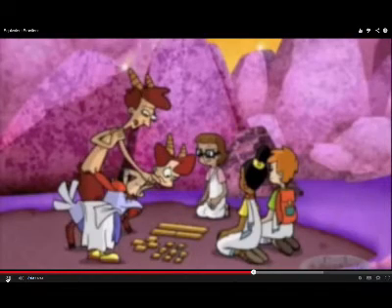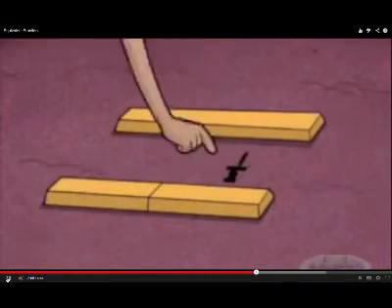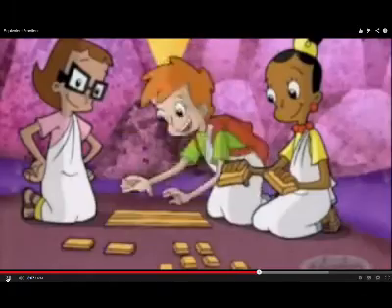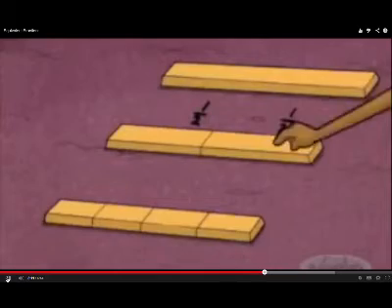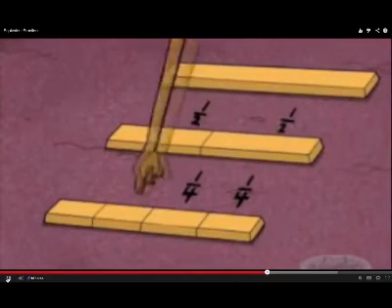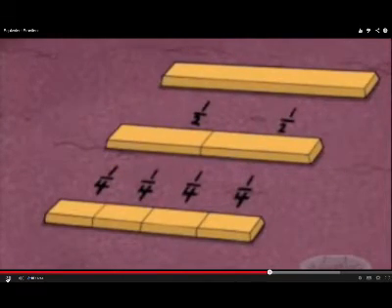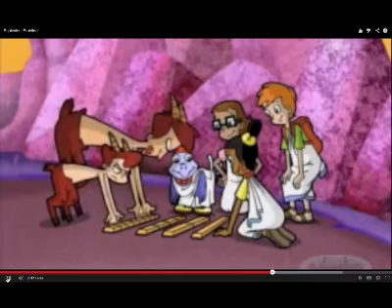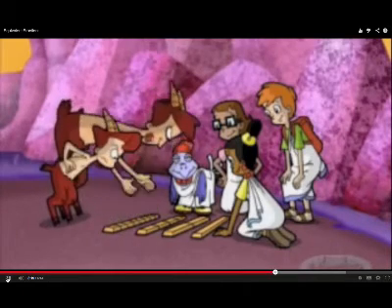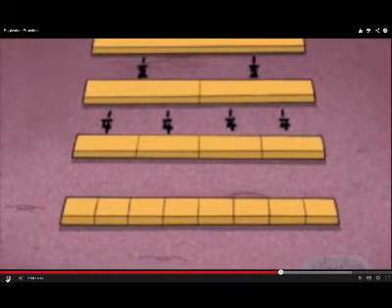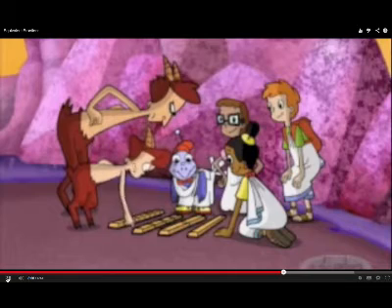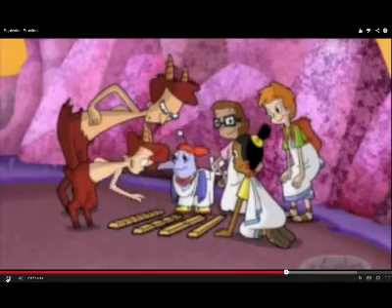Which means each smaller bar is 1/2 of the whole bar. And 4 of these bars also equal one big bar. Yeah! So each of these is 1/4 of the whole bar. And it looks like it takes 8 of this size bar to equal the whole bar. Which means each one of these bars must be 1/8 of the whole bar.